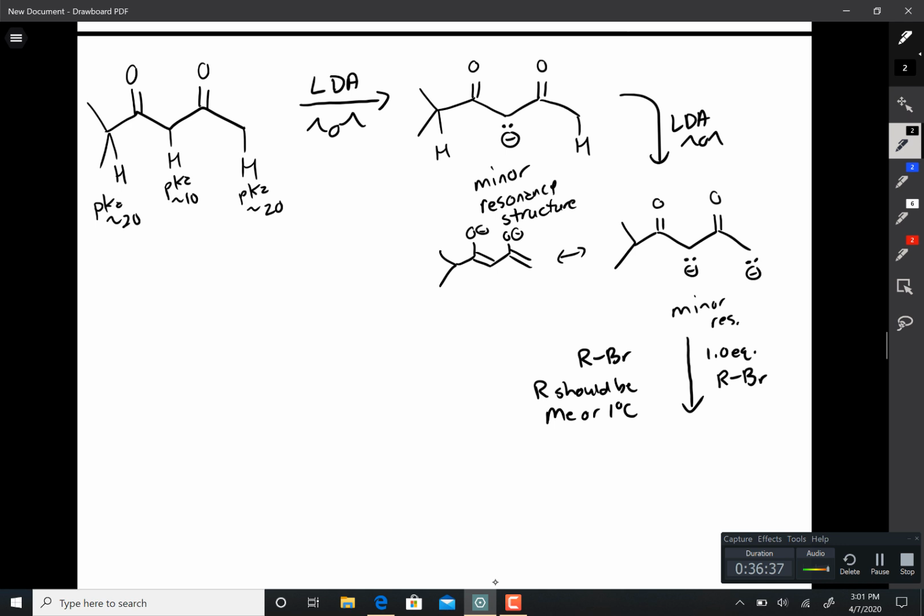This is very basic. Secondary carbons and tertiary carbons have a tendency to give E2 reactions. You can get near selective alkylation at the end.